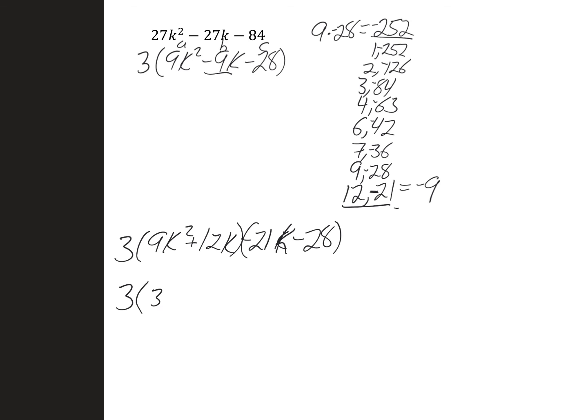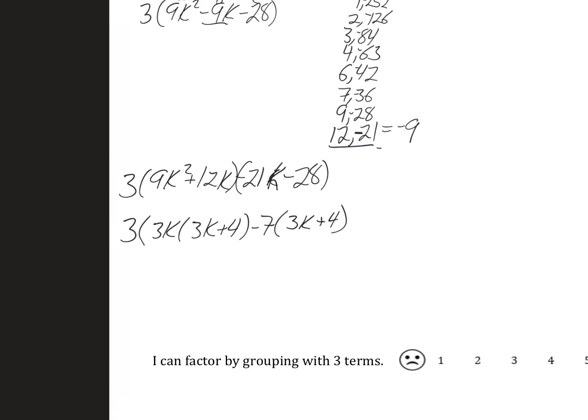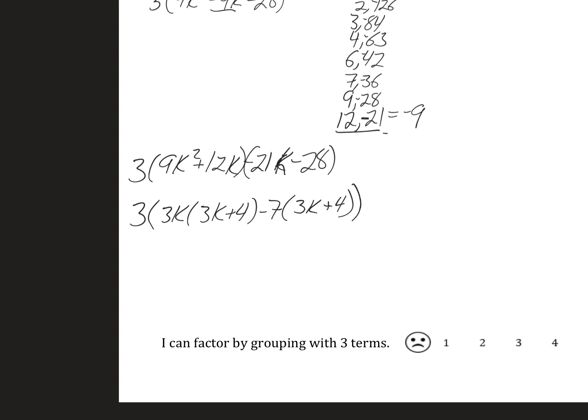I can go ahead and pull out a 3k here, so that leaves me with 3k plus 4. Now what do I have to do to 21 to get 3? I'm going to pull out a negative 7. So that leaves me with a positive 3k plus 4. So my final answer is going to be 3 parenthesis 3k minus 7, 3k plus 4.